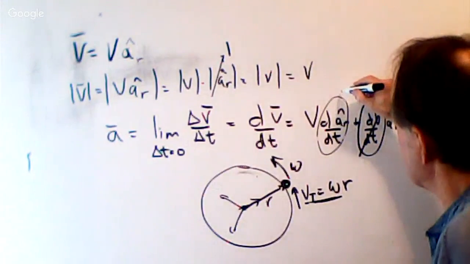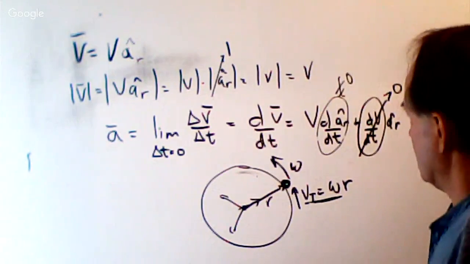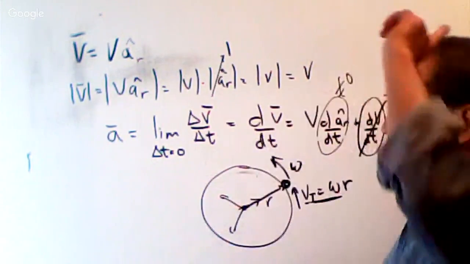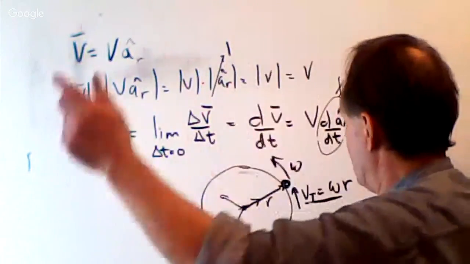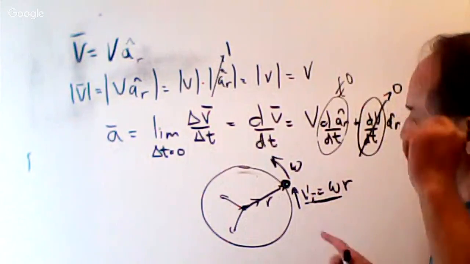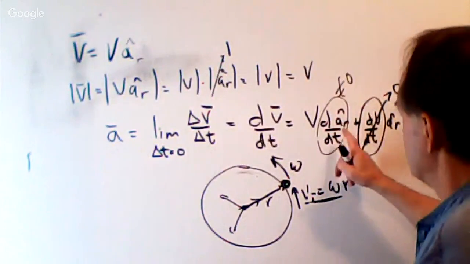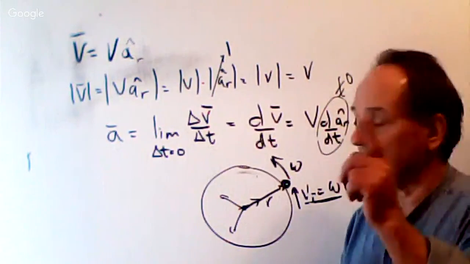So this is non-zero. This does not go to 0. So there is an acceleration, even though the tangential velocity, the velocity with which that rock whips around over our head as we spin it, its velocity magnitude remains constant, its position is changing. Hence, there's an acceleration associated with that change of direction.